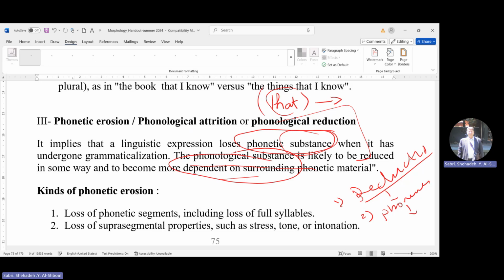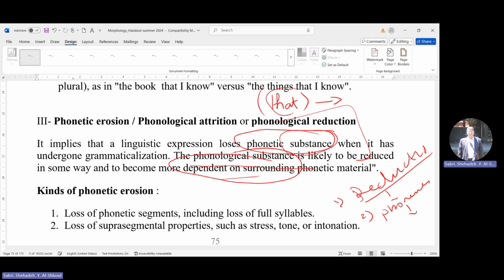So we can say the following, that according to the phonetic erosion level here, the linguistic expression loses some of its phonetic substance, I mean some phonemes, whether in the onset position of the syllable or in the coda position of the syllable. And this loss creates the environment for a bound phoneme.